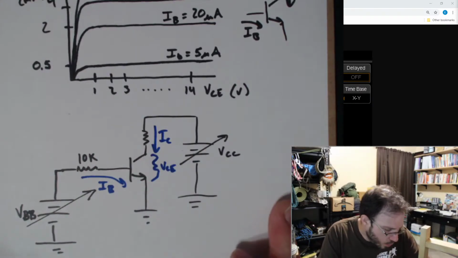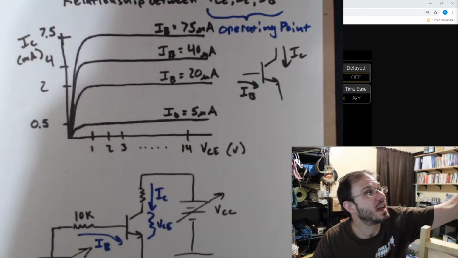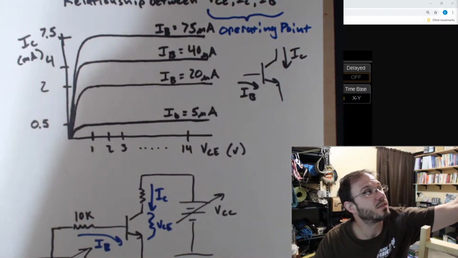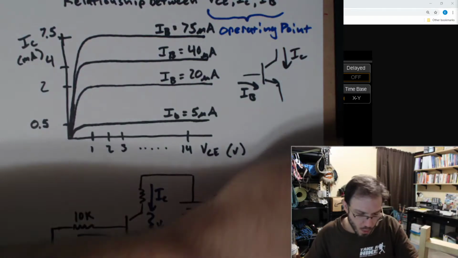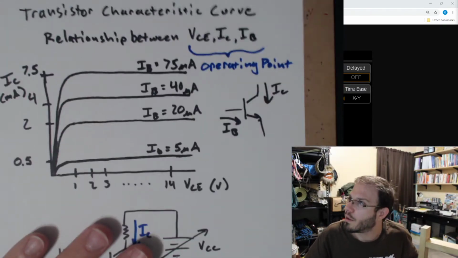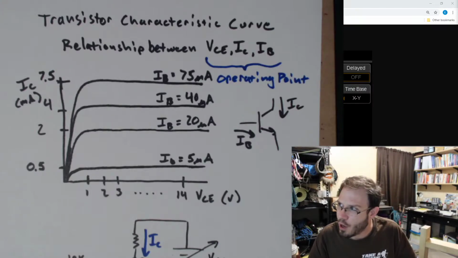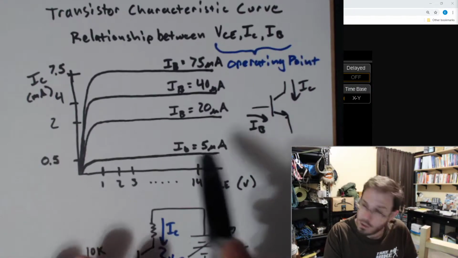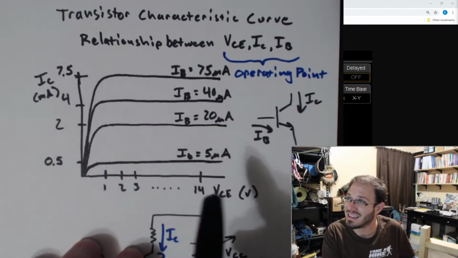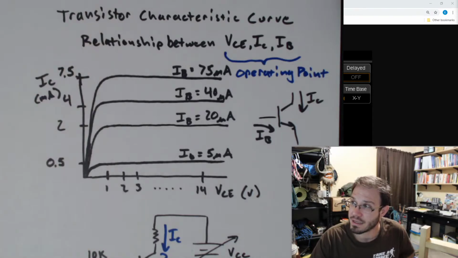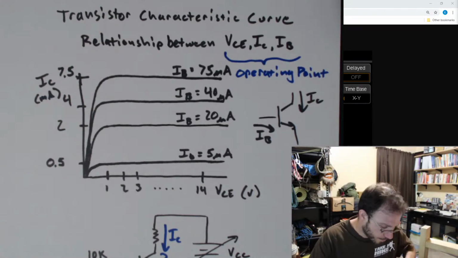Okay, how do we go ahead and plot this? How do we get that characteristic curve? Well, if you are working with a part and you go ahead and open up the data sheet for that specific part, in some image, they're going to show this, because this does kind of define the transistor as a whole.